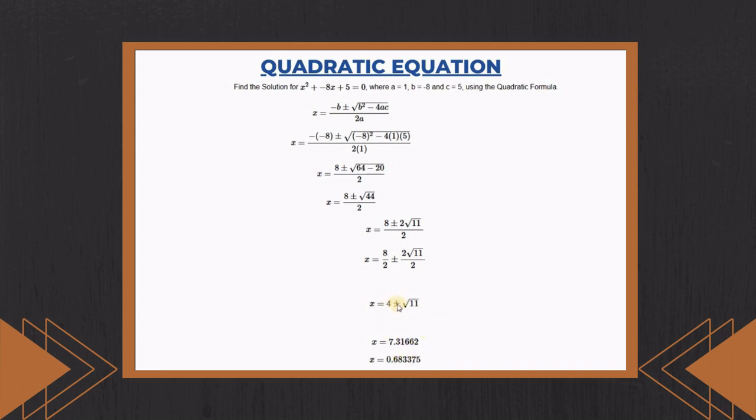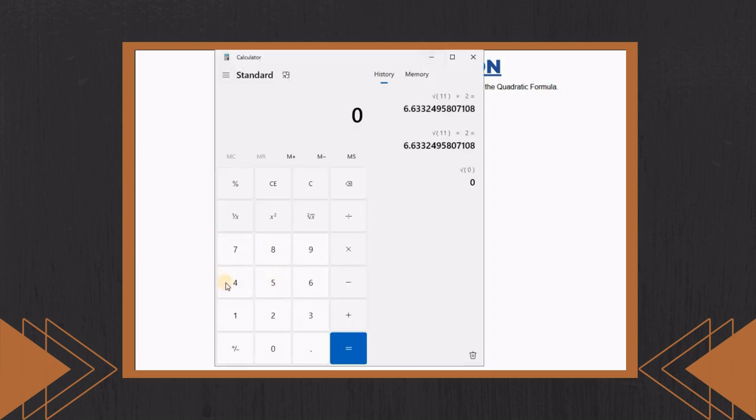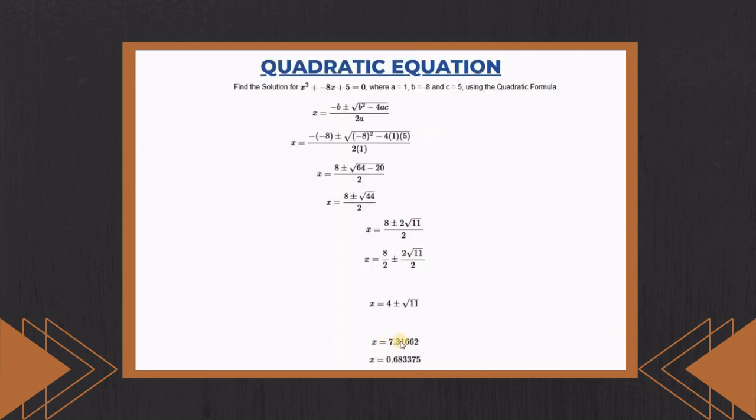If we do this on the calculator, 4 plus the square root of 11, let me do it the other way: 11, square root, then add 4. That's how you get 7.31, as you can see here, and then 4 minus the square root of 11.